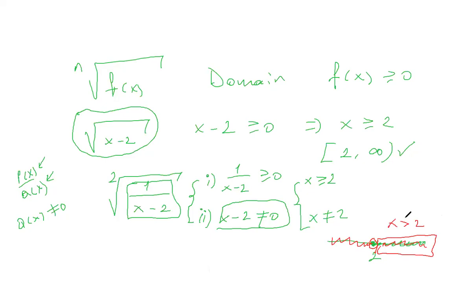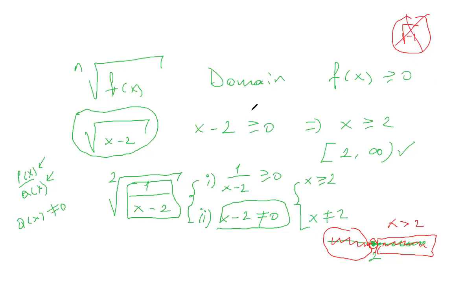Why? If I take any number which is less than 2, for example, 1. Put it here, 1 over 1 minus 2, which will be 1 over negative 1. So 1 over negative 1 will be negative 1. So root of negative 1, is it defined? No, undefined. Okay?